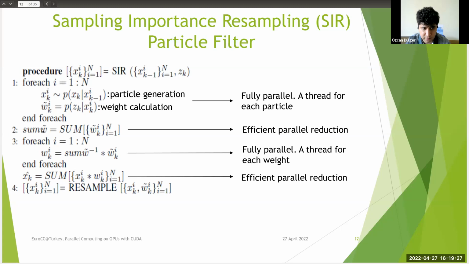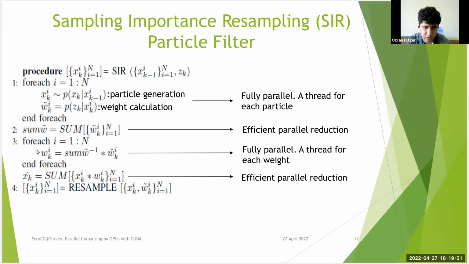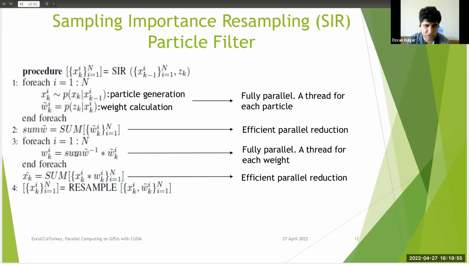For the second stage, there is a sum operation, so we can use an efficient parallel reduction to get the sum of the weights. So this is also applicable for the GPU. In the third stage, there is no dependency between the iterations of the for loop, so we can run the third stage fully parallel on the GPU.